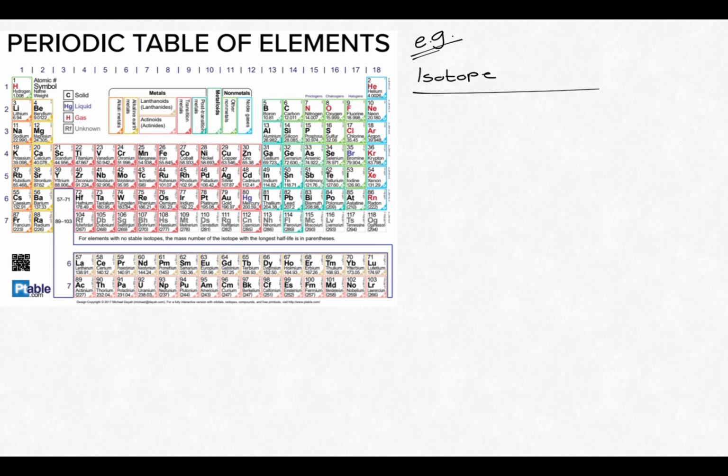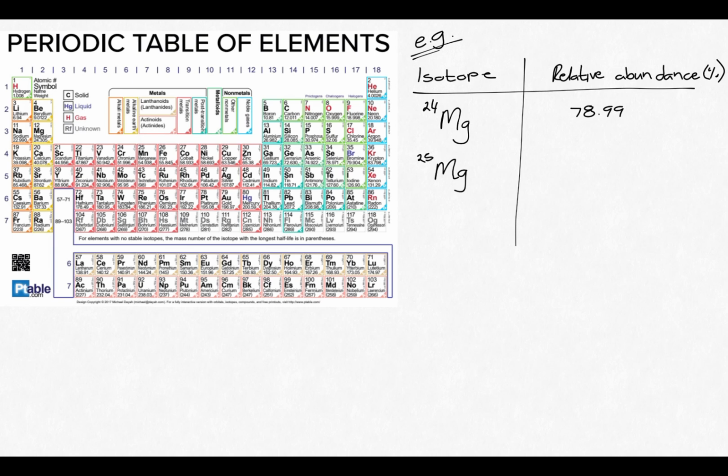Let's start with working with isotopes and working out the relative atomic mass. Now, let's look at magnesium. Let's say there's 3 isotopes: magnesium-24 with a relative abundance of 78.99%, magnesium-25 at a relative abundance of 10%, and magnesium-26 with a relative abundance of 11.01%. To work out the relative atomic mass, we take the isotope and multiply it by its relative abundance.